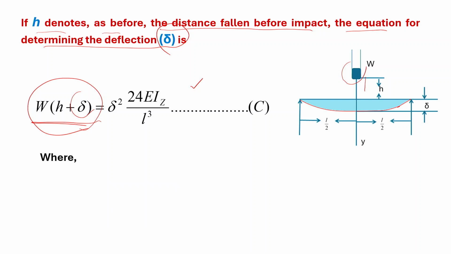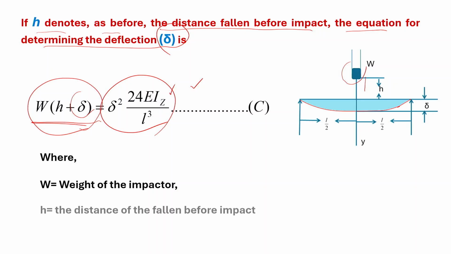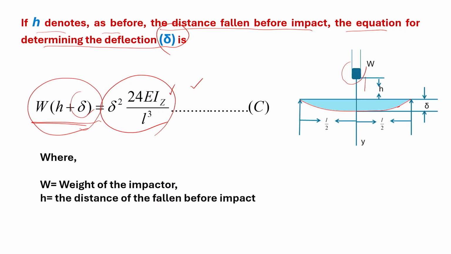So, the total work done is W(H plus delta), which is equal to delta squared times 24 EI by L cubed, which was derived earlier. W is the weight of the impactor, and H is the distance fallen before the impact.